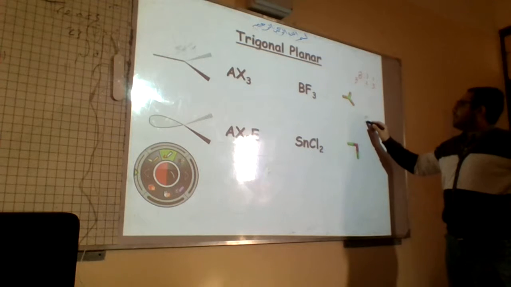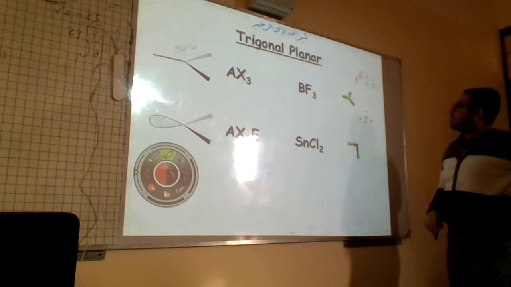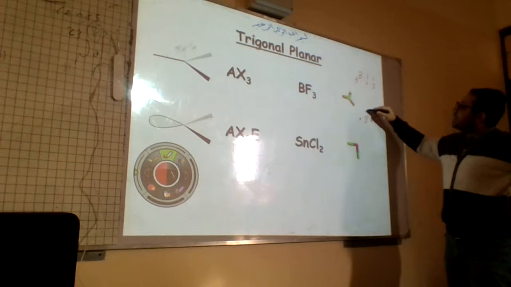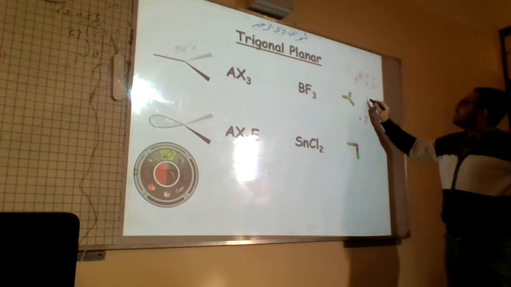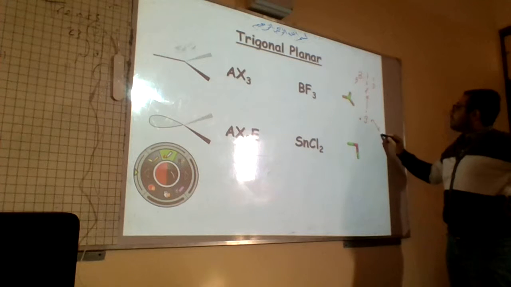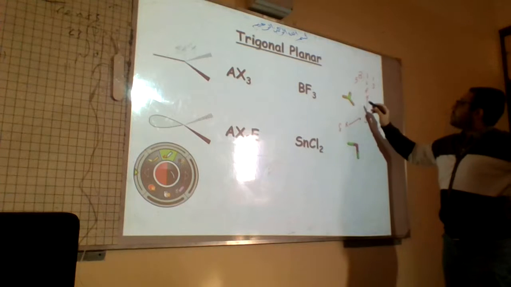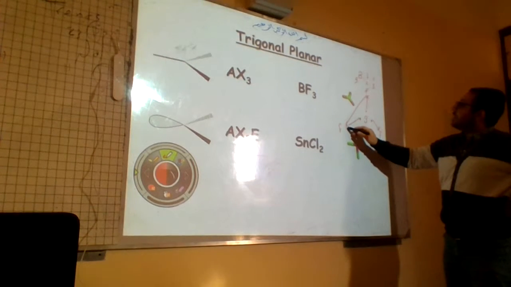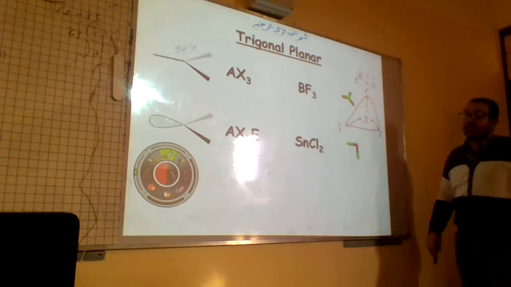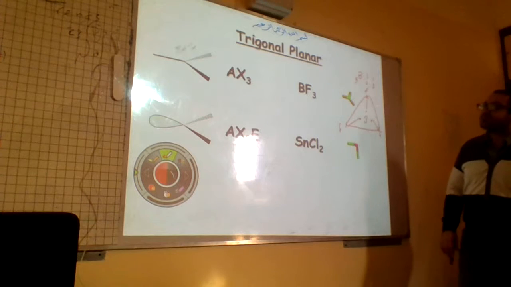Boron is in the center. Chlorine needs 1 electron, so a single covalent bond takes place with each chlorine, each sharing 1 electron. So the shape of the compound will be triangular planar.